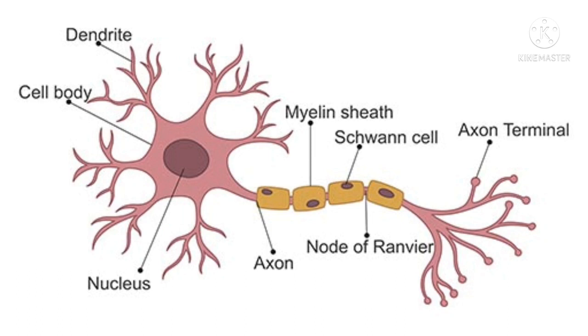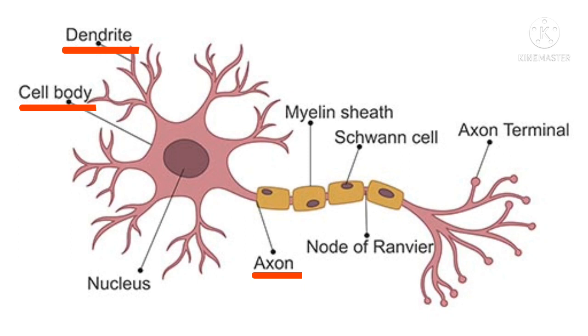Now we can see the details about the structure of a neuron. A neuron consists of three parts. What are they?